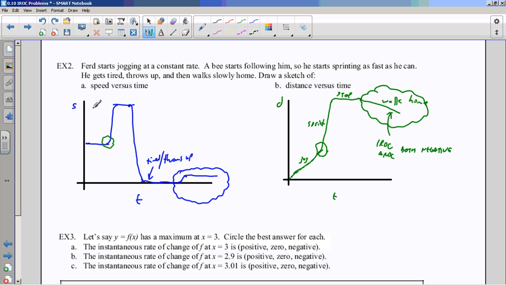So if I was thinking about this speed, I could have thought of it as velocity, where a positive speed is going away from home, a negative speed is going towards home. I could have had it this way, right? That when he was walking home, he had a negative speed, the opposite direction perhaps.